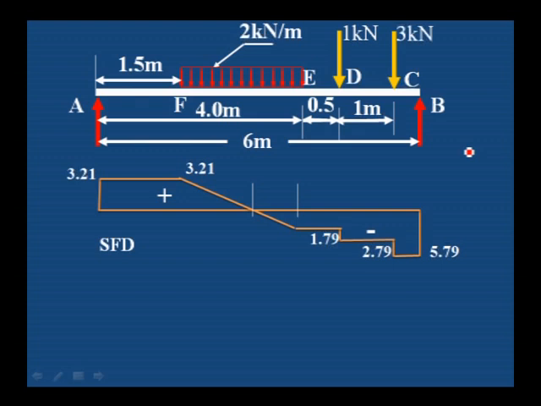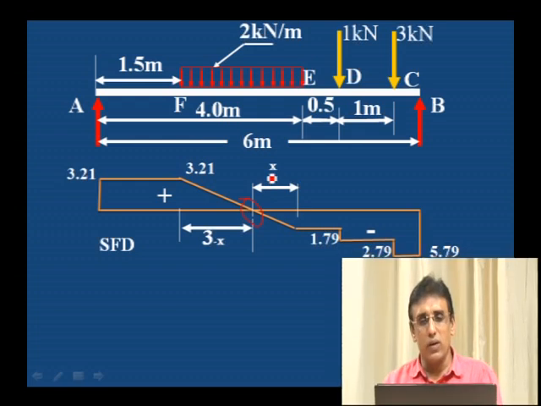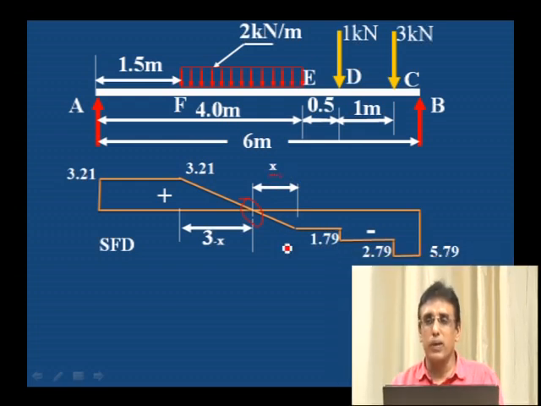Now, one more point is the shear force changing sign at a particular point. We have to calculate that distance, which I also explained in the previous session. Let us take this last example, where x is the distance where shear force changes its sign.